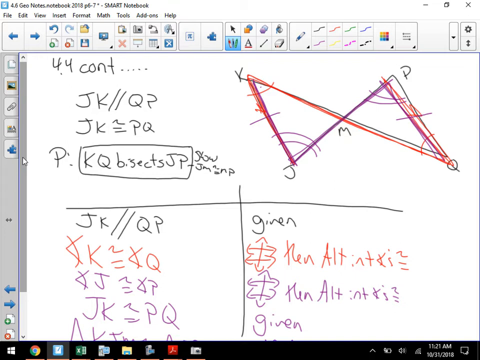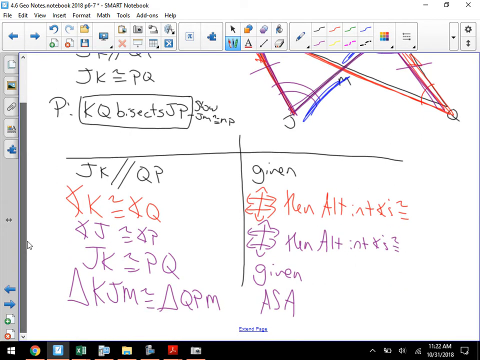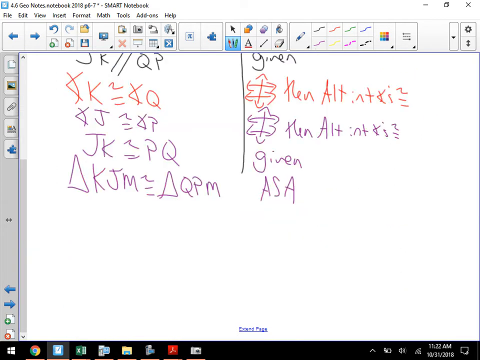That's why we were looking at it a minute ago by saying, hey, if KQ is going to bisect JP, that means that these two guys would have to be shown to be congruent. So I have to say those parts before this. And that's where the correspondence stuff comes into play. Then you would be able to say JM is congruent to PM.